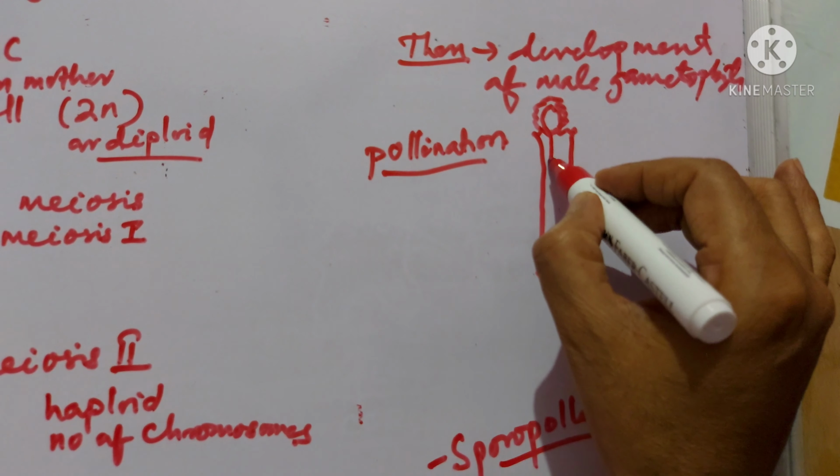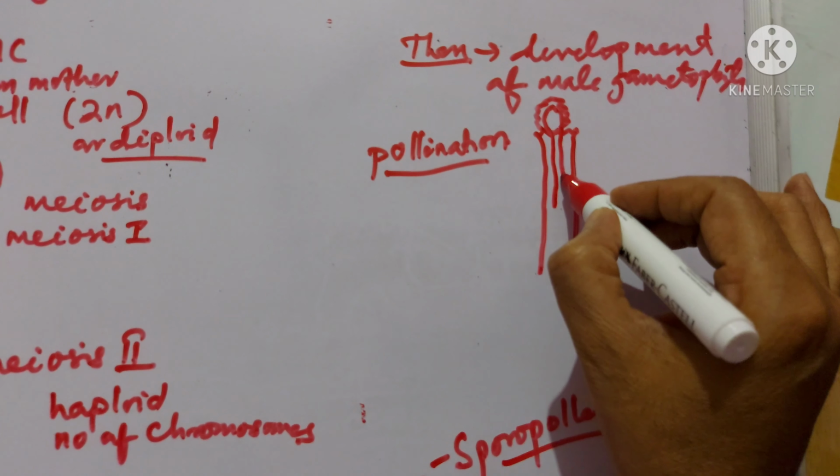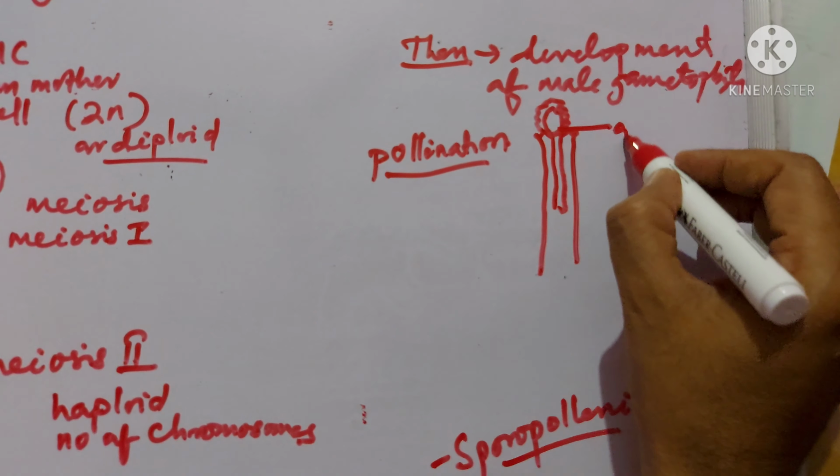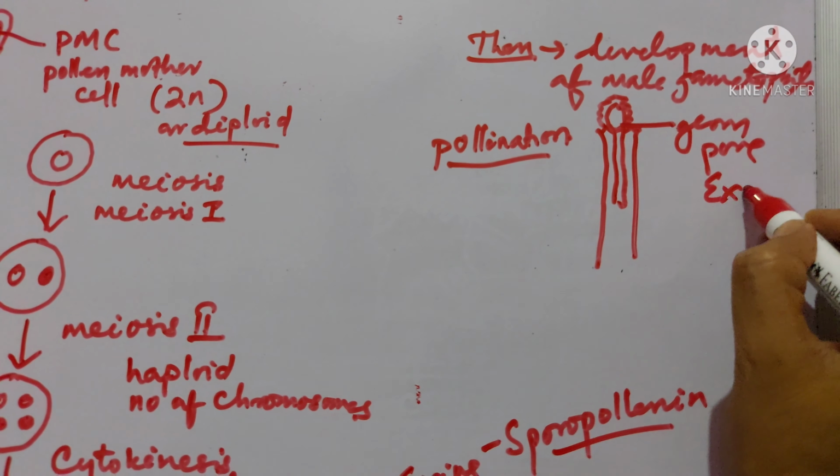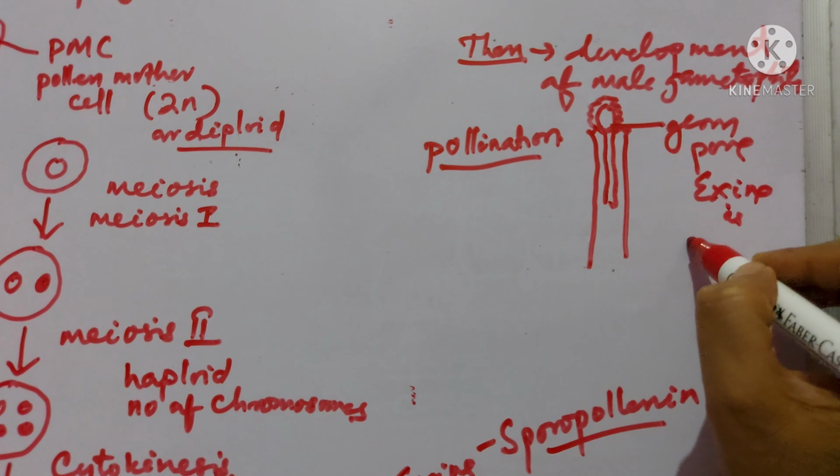So the pollen tube will extend through the germ pore where exine is absent.